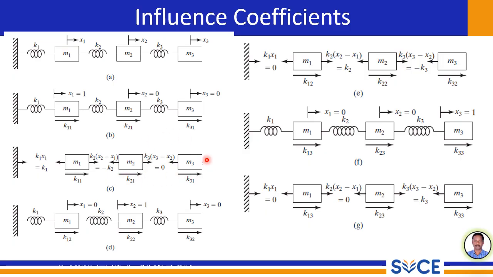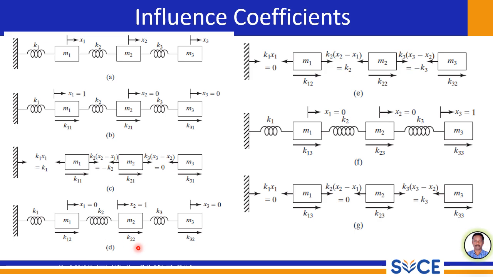Similarly, let's look at diagram D. Here we applied unit displacement to mass 2 while keeping masses 1 and 3 at 0 displacement. The force at mass 1 is minus K2.